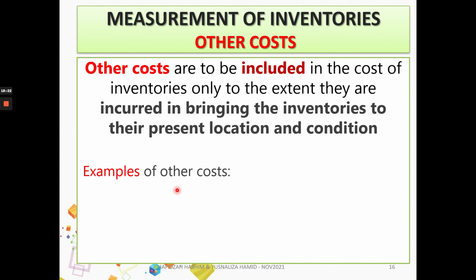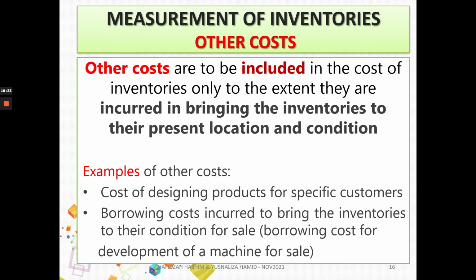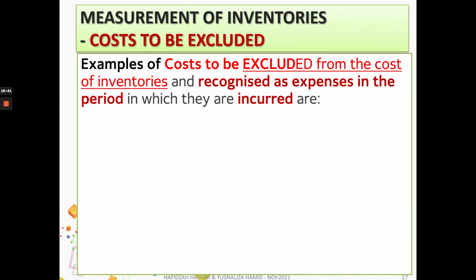For example, you may have items like cost of designing products for specific customers, tailor-made for them, borrowing costs incurred to bring the inventories to their condition for sale, borrowing costs for development of a machine, for example, and other costs incurred to bring the asset to its present location and condition.